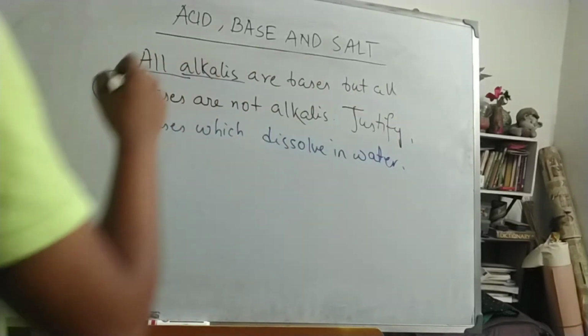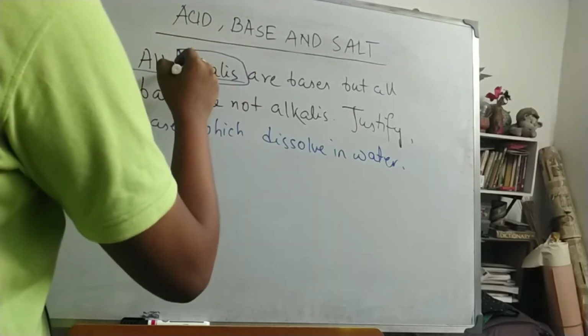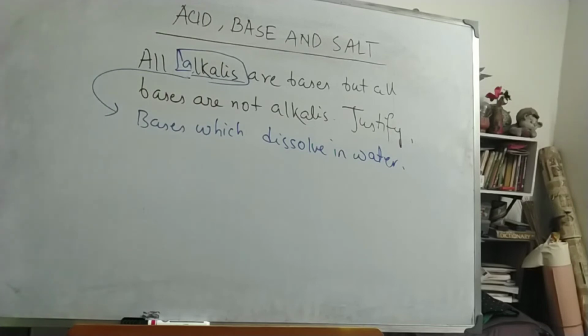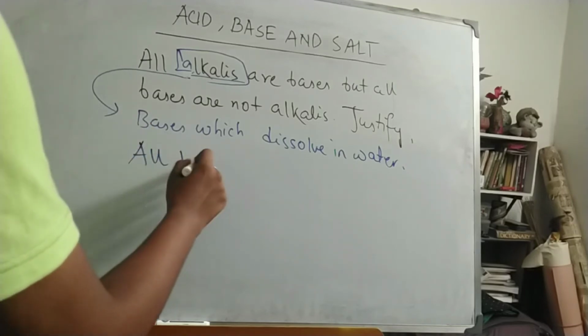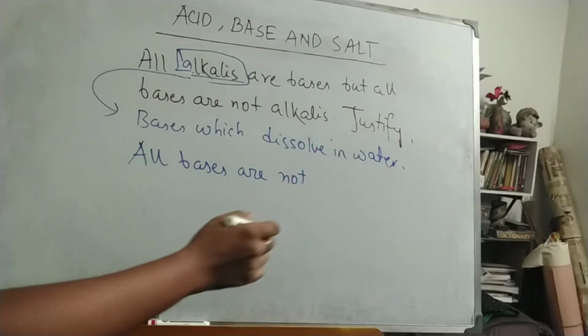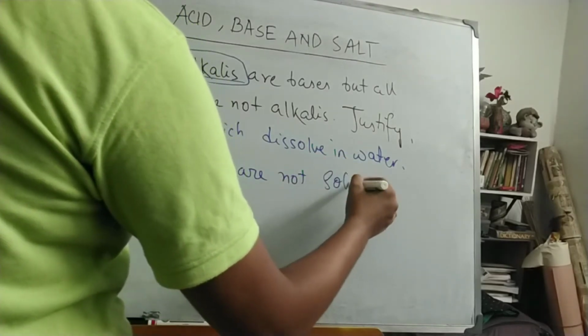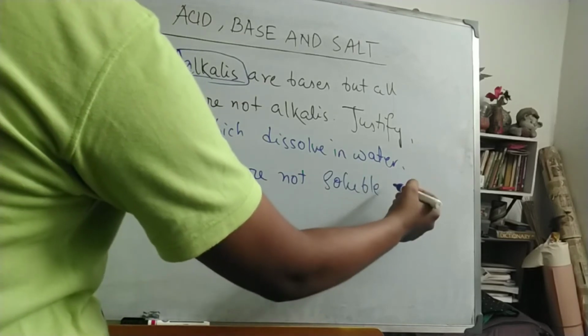So this is the definition of alkali. All alkalis are bases, but all bases are not alkalis. Why? Because all bases are not soluble, meaning they cannot be dissolved in water.